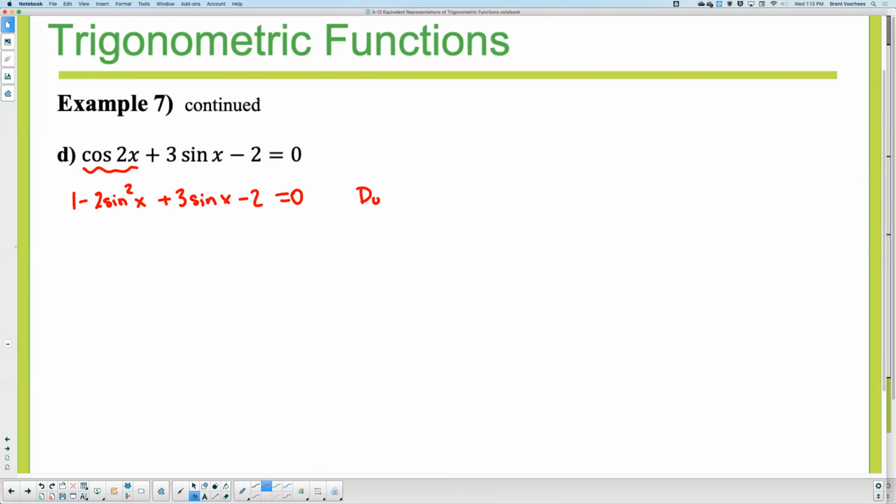That was using a double angle identity, is where I got that from. Okay, so now I'm going to simplify. I see I have some common terms here. I have a 1 and a minus 2. And so let's say negative 2 sine squared x plus 3 sine x. 1 minus 2 becomes a negative 1 equals 0.